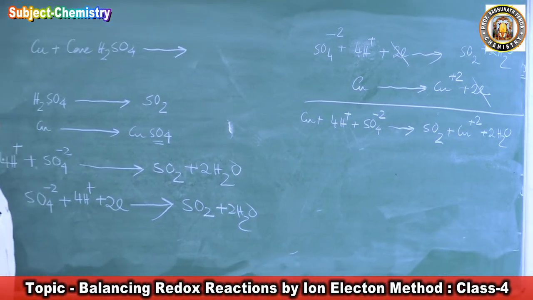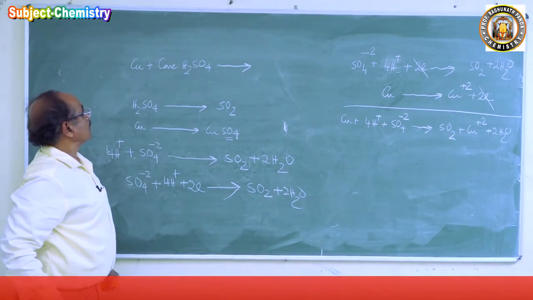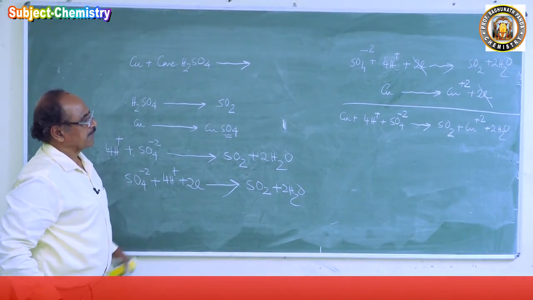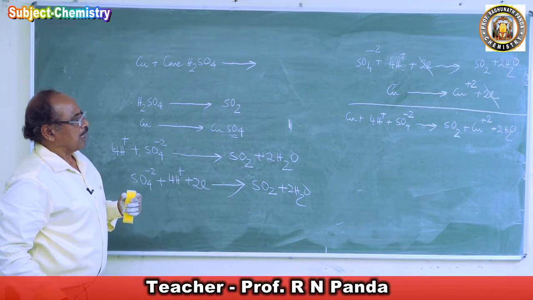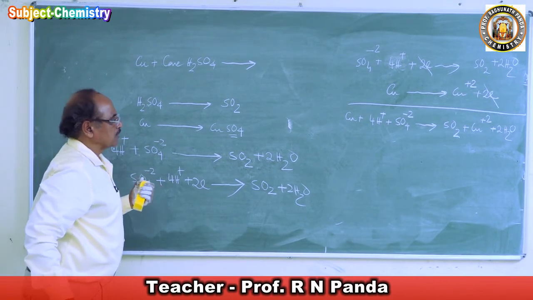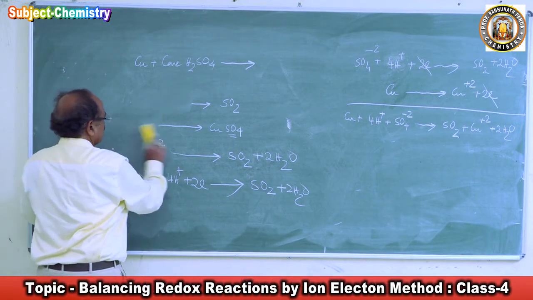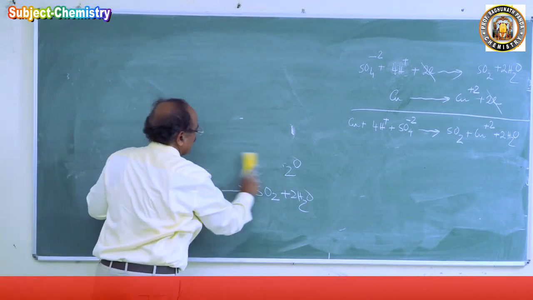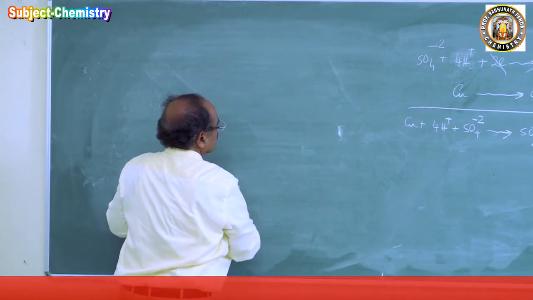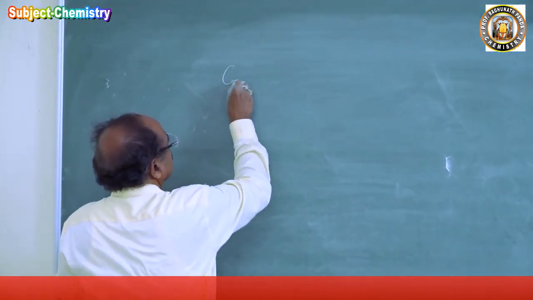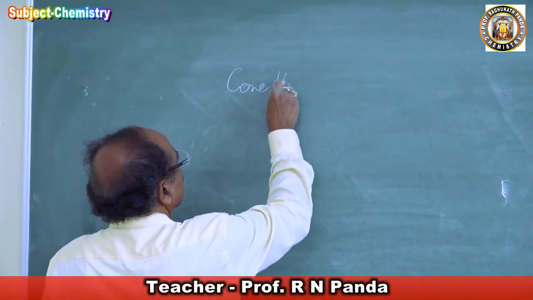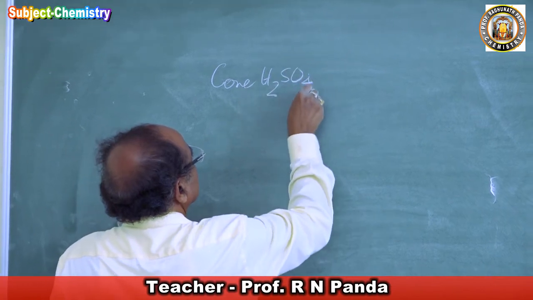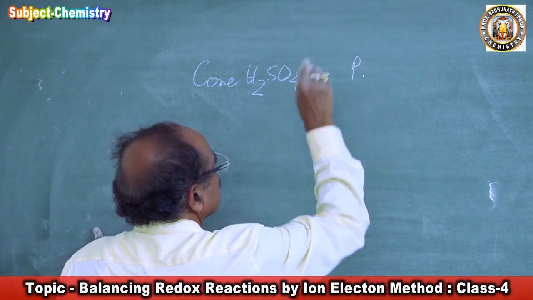So this is the equation for the reaction of copper with concentrated sulfuric acid, for the preparation of sulfur dioxide. So let's take another equation: concentrated sulfuric acid with phosphorus.